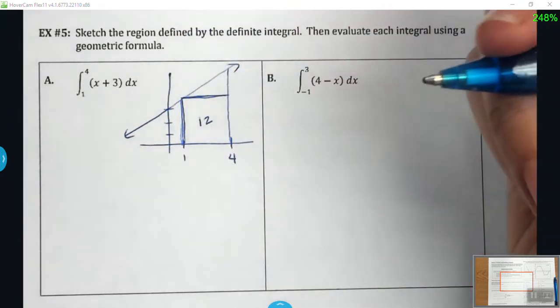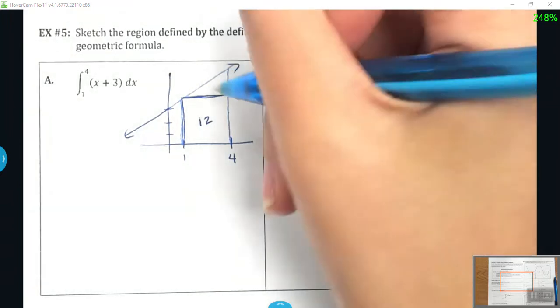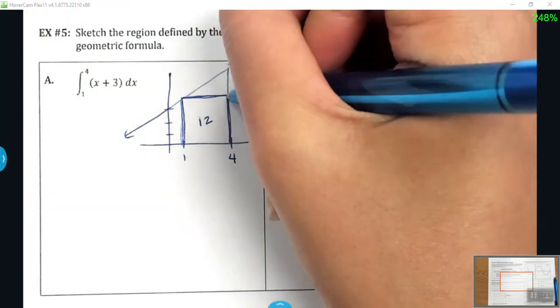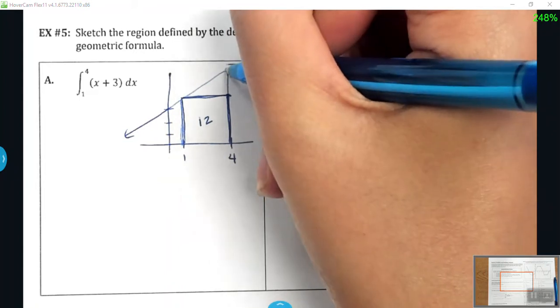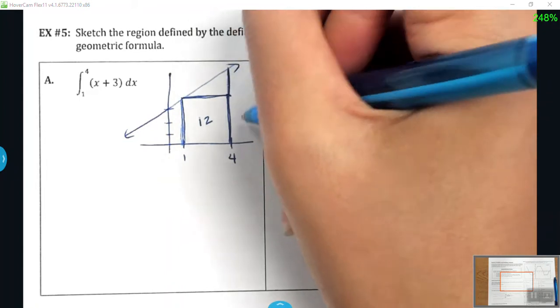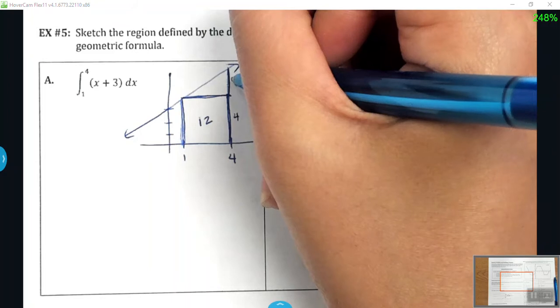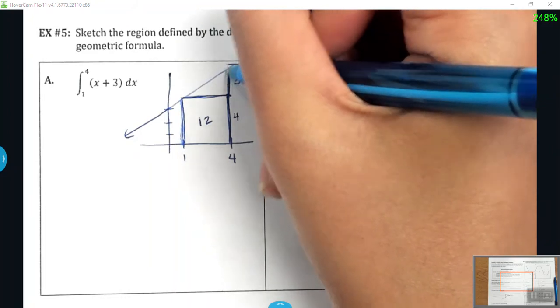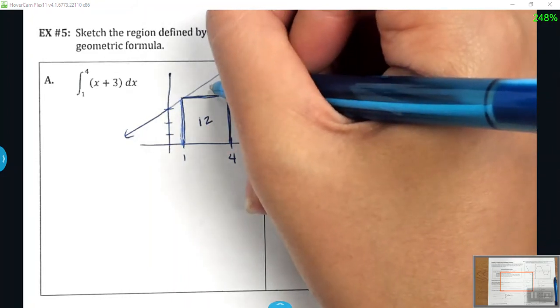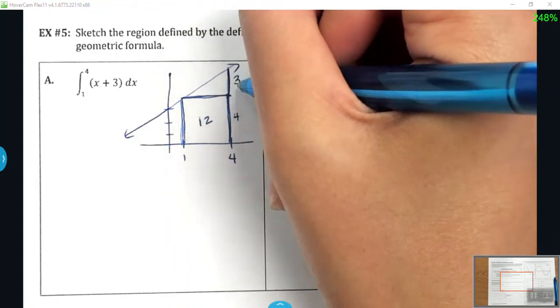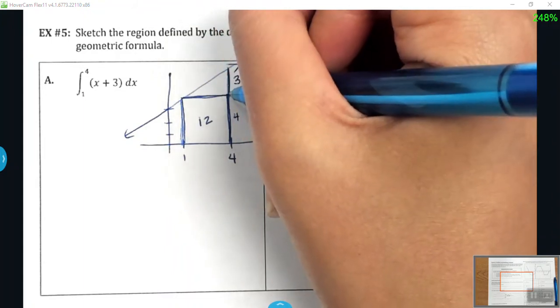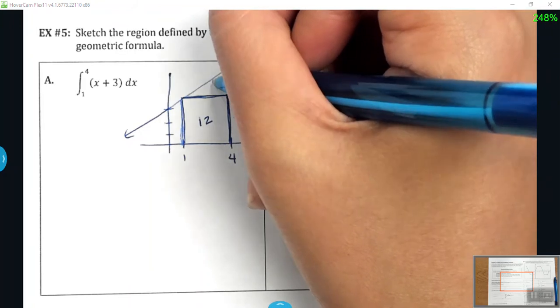It starts at 1. So this height is up to 4. What's this? 3. To get to 7. That's 6. Actually, 9 over 2. It's some number though.